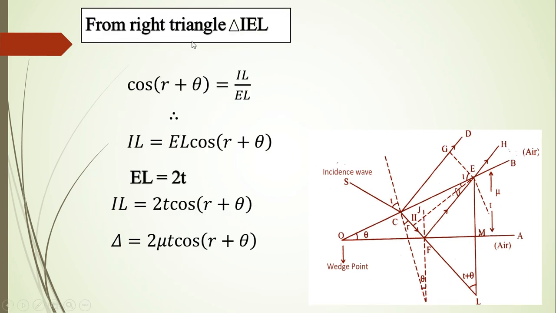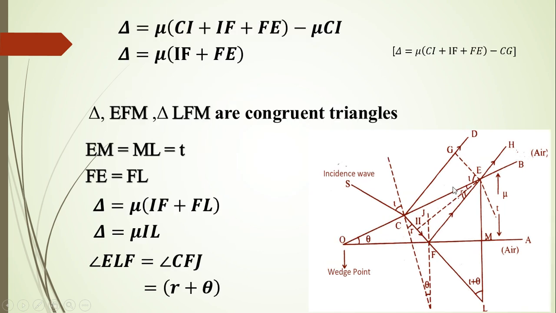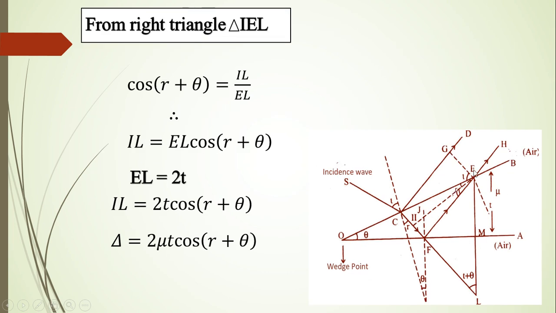From triangle IEL, that is I, E and L, we can write cos of r plus theta is equal to base by hypotenuse.